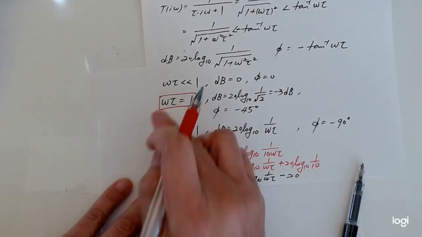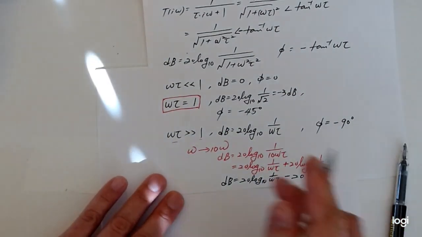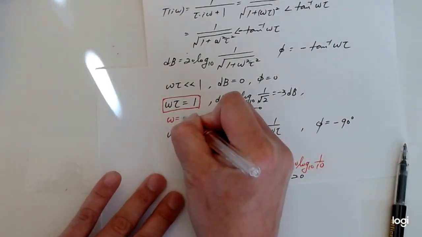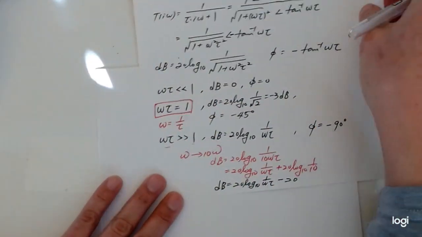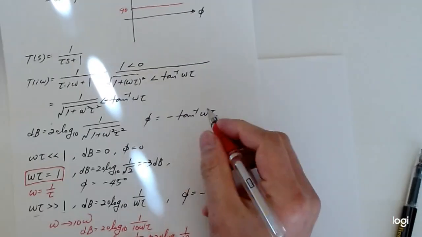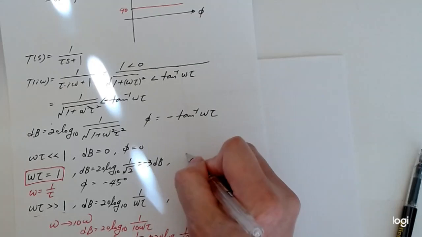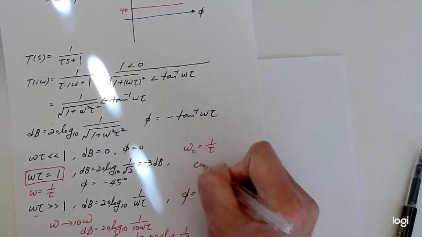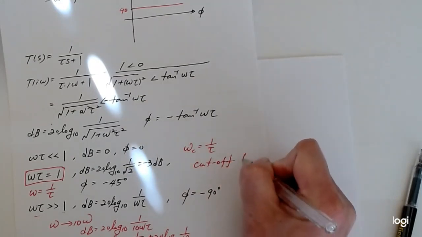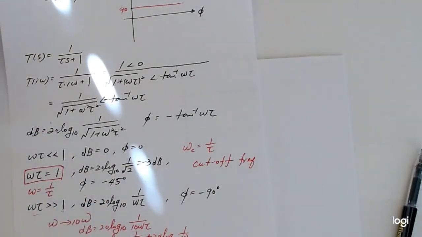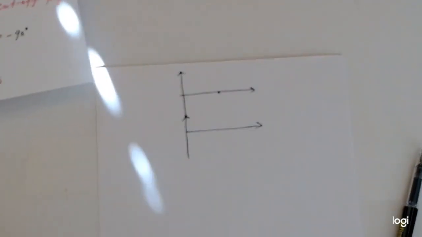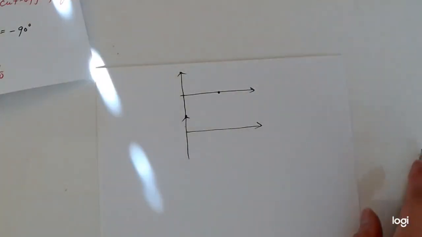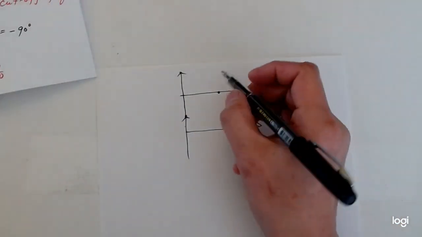Omega tau equal to 1, meaning omega equal to 1 over tau, we call the cutoff frequency. This is the key point for the first order system.